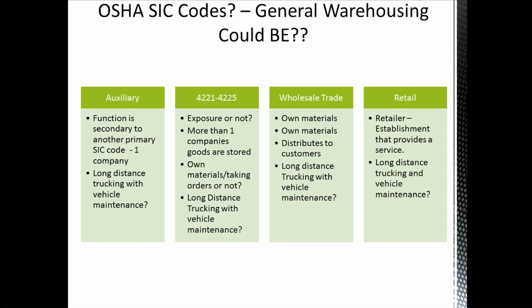So if you go to San Diego, Sacramento, Reno, and you also work on those trucks, that means you're also a trucking company. You're not just doing retail, you're also doing long-distance trucking and you need a permit. For little short-distance trucking, even if you're working on the trucks, that's considered auxiliary to your primary SIC code.